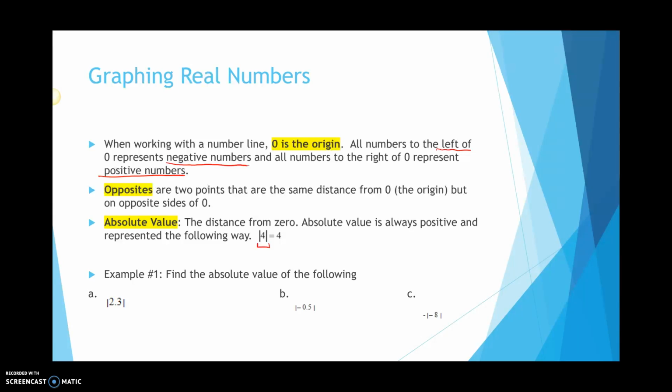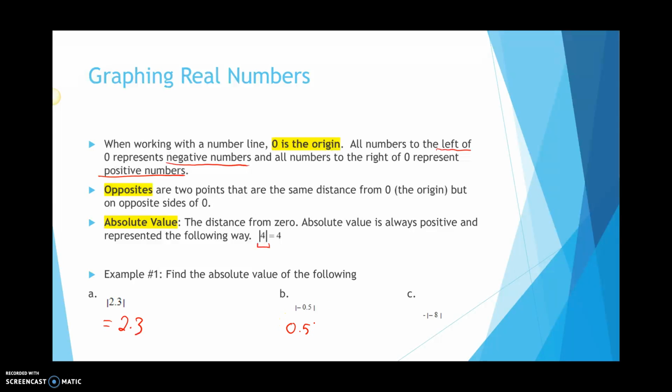It says find the absolute value of the following. So for A, we have the absolute value of 2.3. So what is the distance from 0 to 2.3? That is just 2.3. For B, the absolute value of negative 0.5, that is going to be positive 0.5.